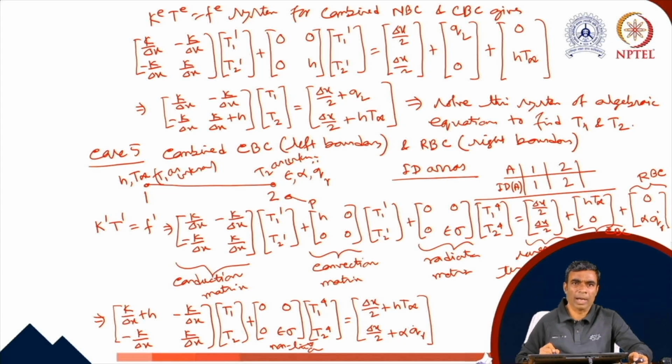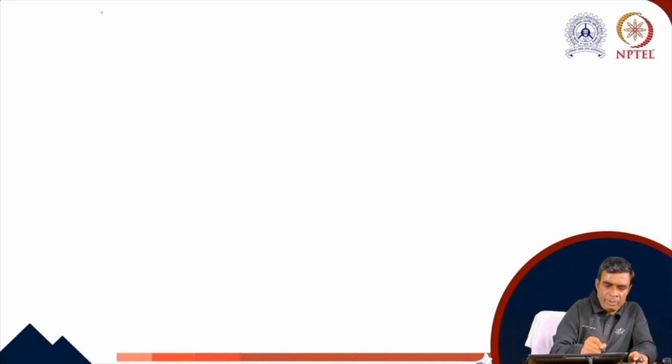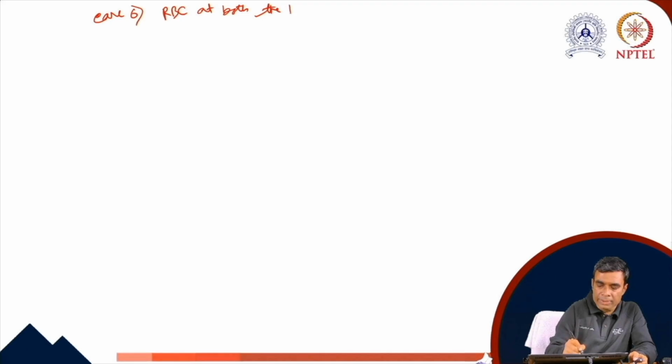Now we show the last case where we use the radiative boundary condition at both the boundaries of a two-noded bar element. Obviously, all these cases can be extended to the three-noded quadratic bar element. So the last case is case 6, RBC at both the boundaries.